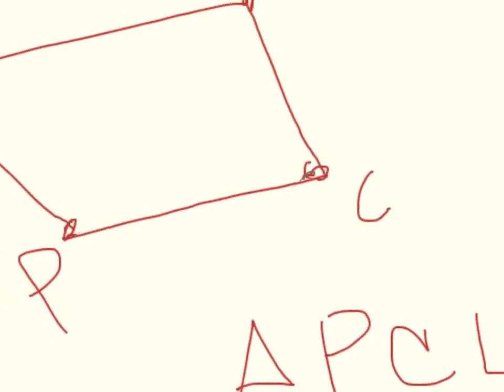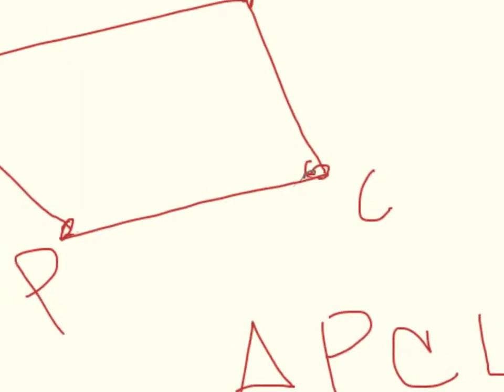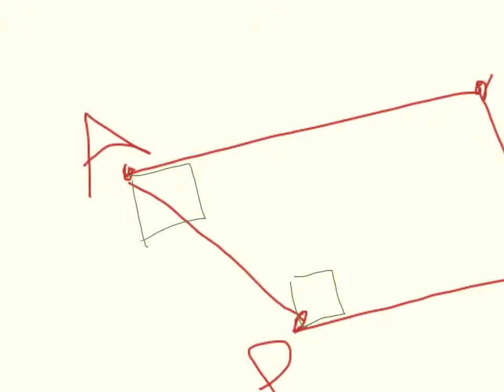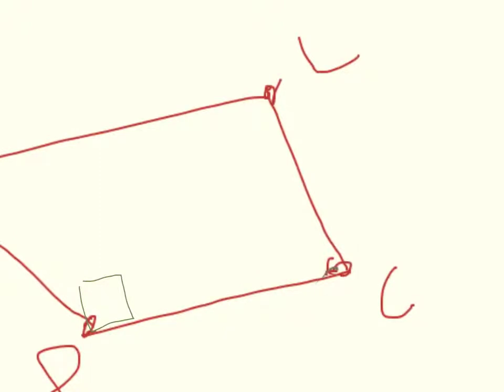Let's look closely together. Can I put a square in this? Does it line up right? Nope. Can I put a square in this one? Nope. Can I put a square in this one? Yes.